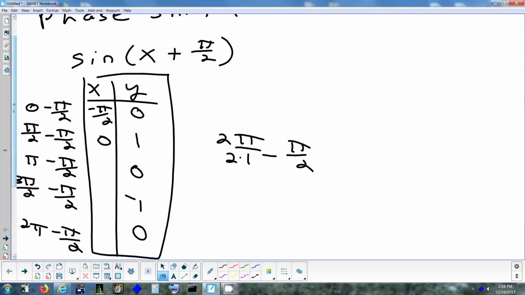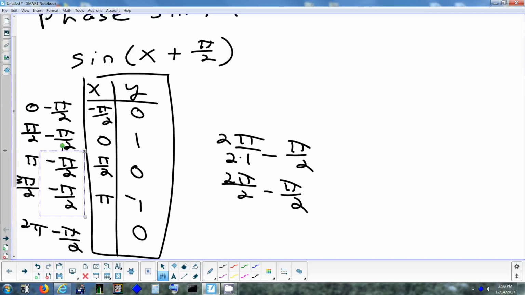We got 2 pi over 2, take away 1 pi over 2 gives you pi over 2. Next one's good, I already have a common denominator. 3 pi over 2, take away 1 pi over 2 is 2 pi over 2, or we can reduce it to pi.